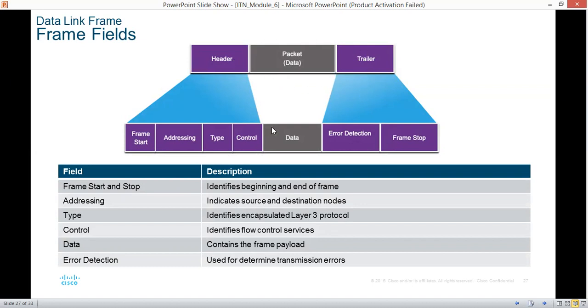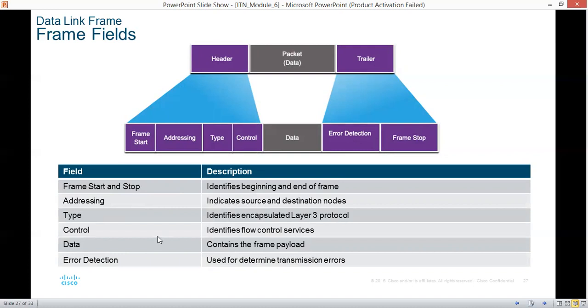So this is actually the architecture of a typical frame, telling you where the frame starts and stops when you're sending, and when to stop because of transmission, and then the addressing, the type, which is identifying the encapsulated layer 3 protocol. So all these are just a way to tell you what the frame is doing.